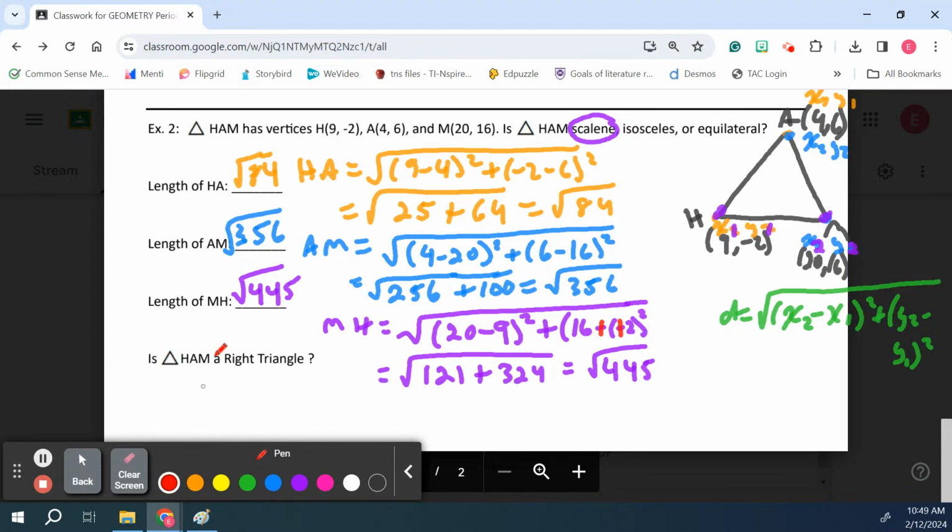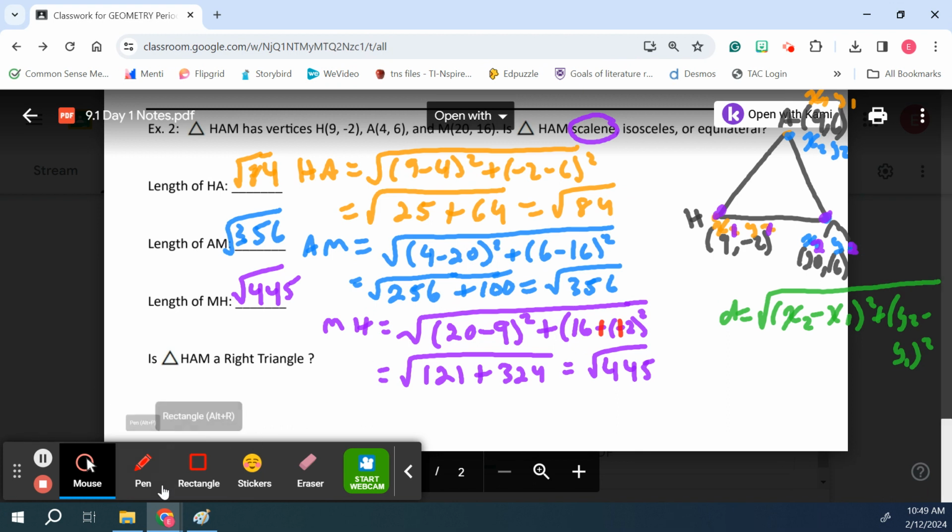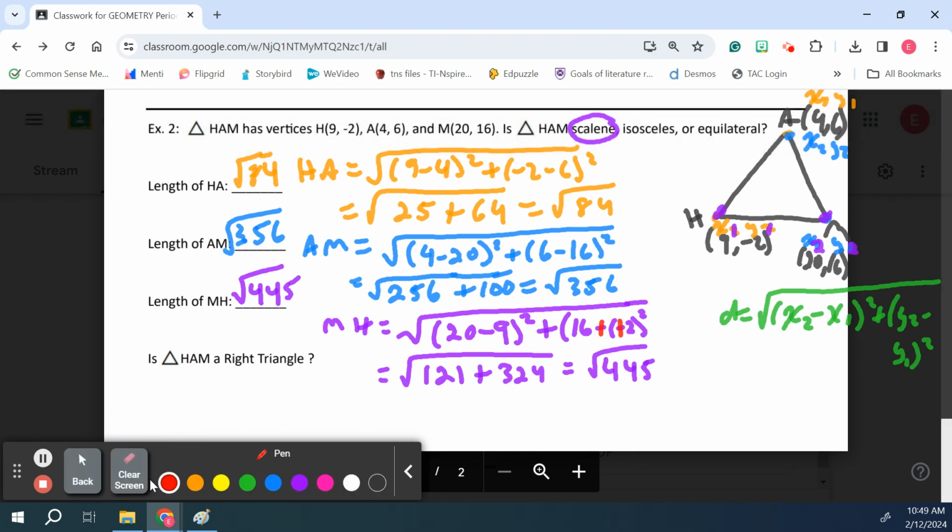All right, let's talk about, is HAM a right triangle? We're going to tap into some of our skills from topic 8. In this case, what you can use is the converse of the Pythagorean theorem. What we're going to set this up as is a squared plus b squared. We don't really know what's going on. Is it equal to, less than, greater than? We don't know, but we're going to set that up with c squared.